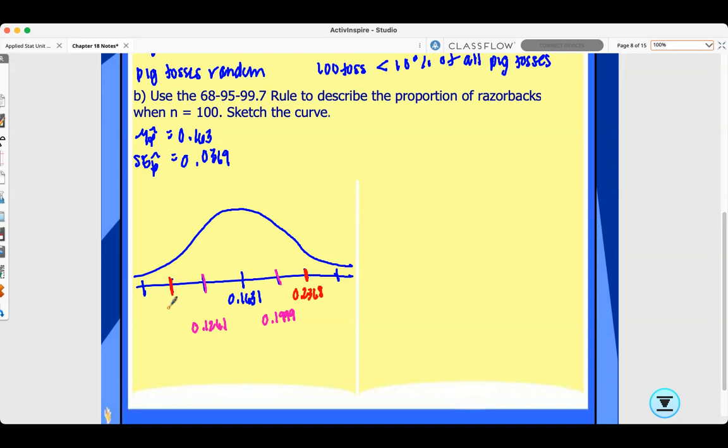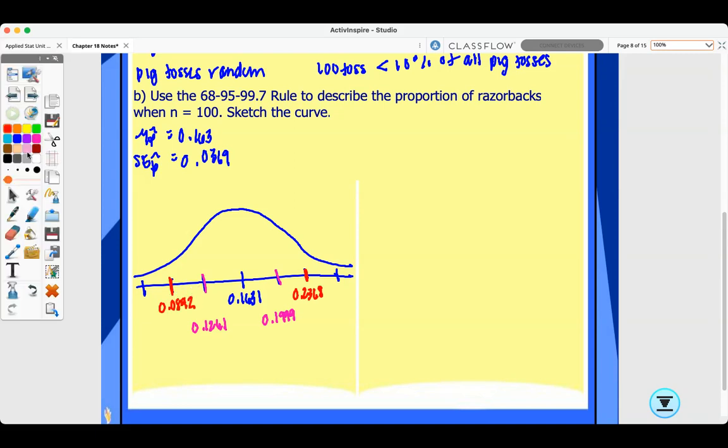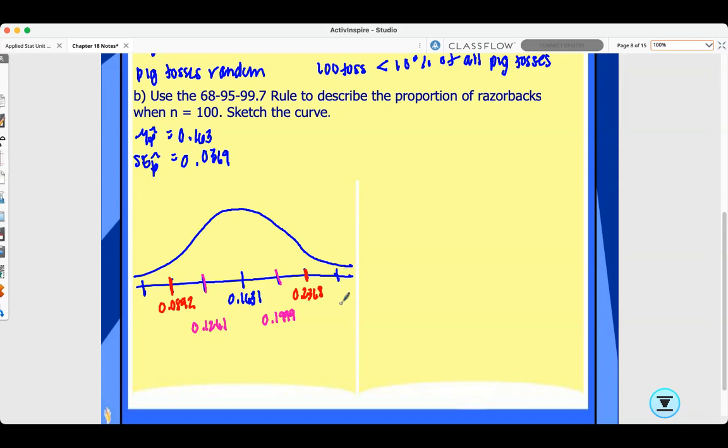And again, I would subtract on this side, and I get 0.0892. And then last, I would add another standard deviation, and I'm going to leave this one in blue, 0.2737. And subtract on this side, and I get 0.0523.